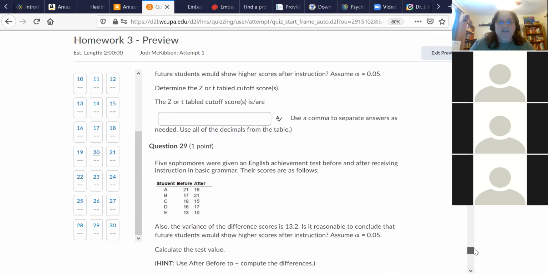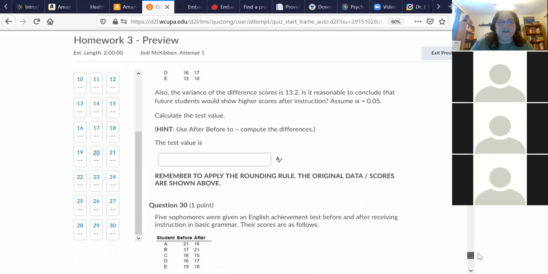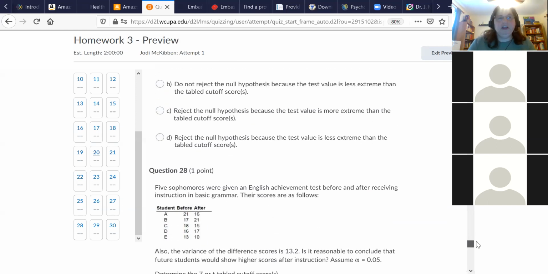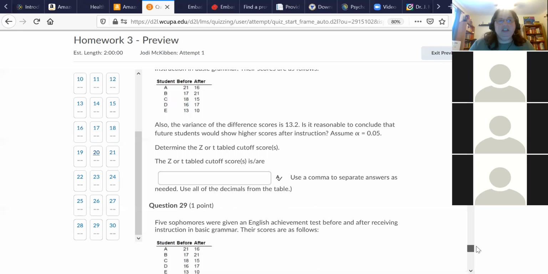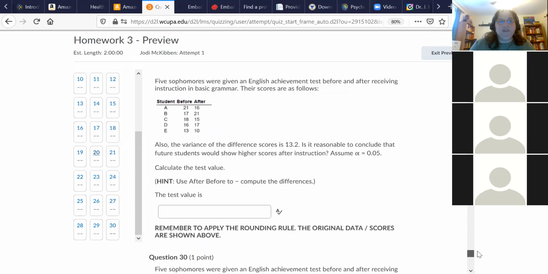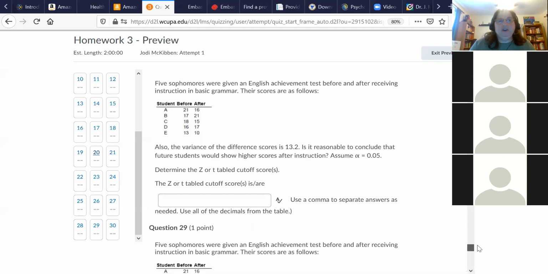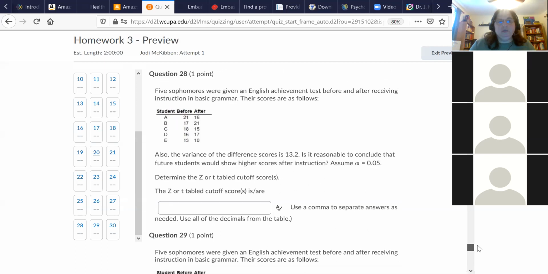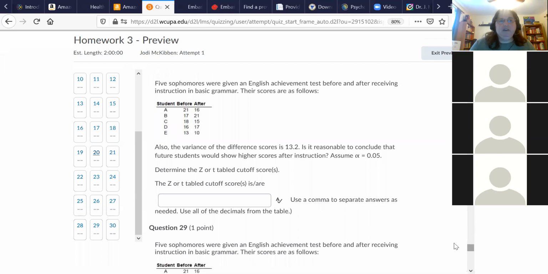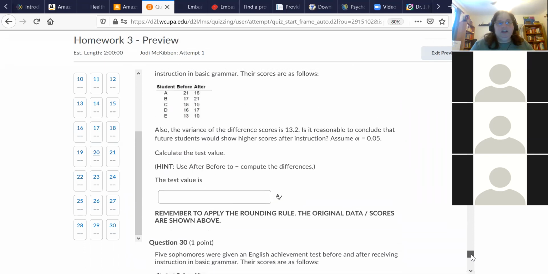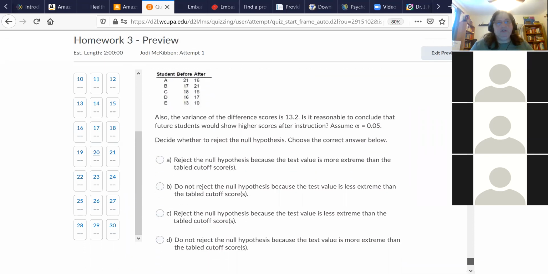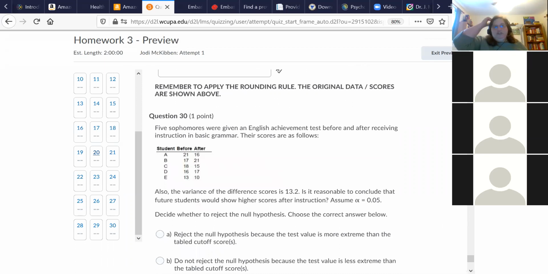Now, I figured out my cutoff score in 28. I looked at my table, and that was based on an alpha of 0.05, a DF of 5, and a one-tailed test. In 29, I calculated the test value, and in 30, how do I decide if I'm going to reject?